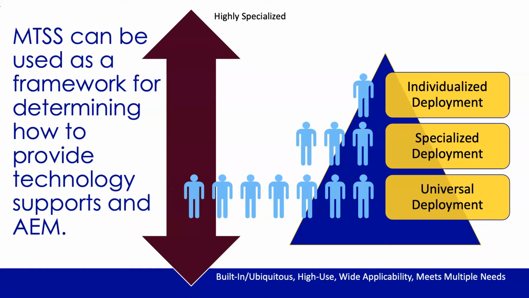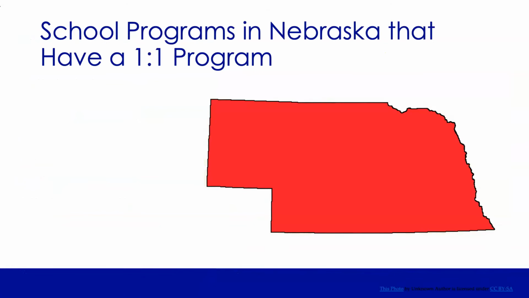So let's talk about some basic pieces before we move into specific examples. Taking a look at data about how many school programs in Nebraska have a one-to-one program, meaning that each student has a piece of technology that they have for most of their time that they're engaged in educational experiences. Any guesses?